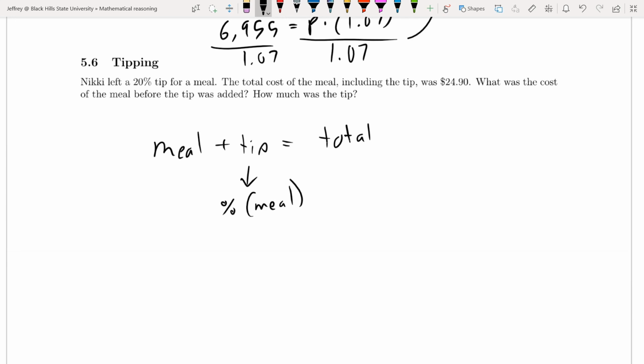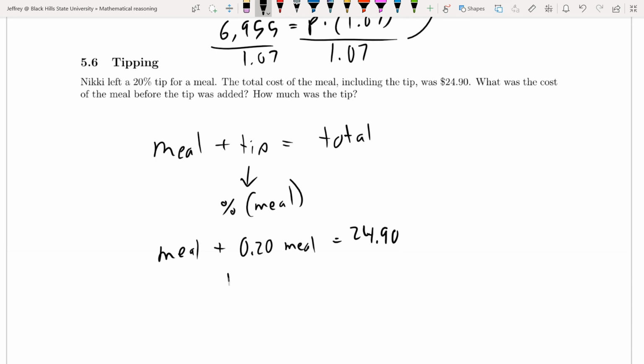So what this actually means is that if we have the meal plus 20% tip, so that's 0.20 times the meal, this is equal to our total, which, including the tip, was $24.90.